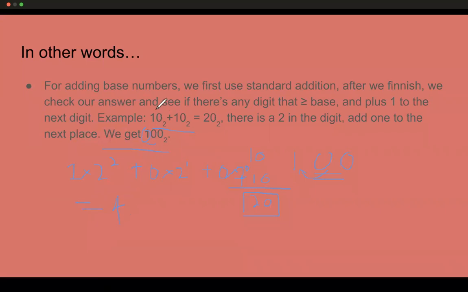And what's 10 in base 2? 10 in base 2 is 1 times 2 to the first power. So this is 1 times 2 to the first power. Does anyone know what 1 times 2 to the first power is?